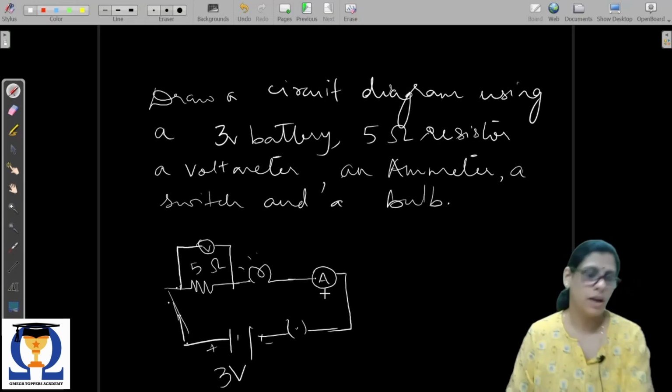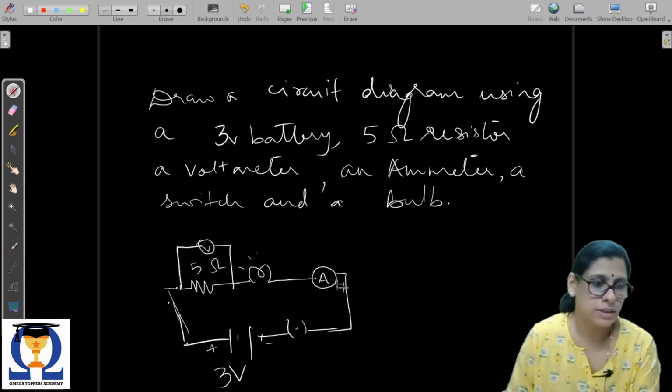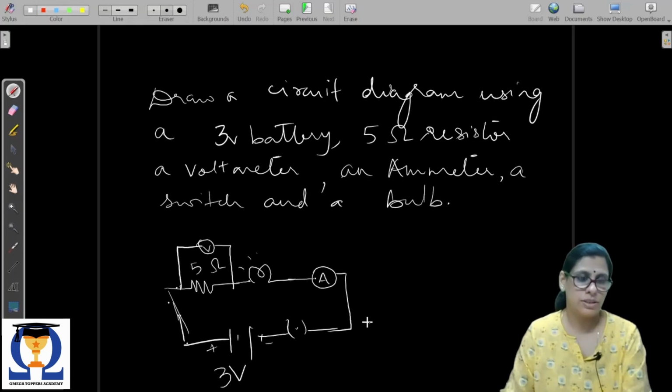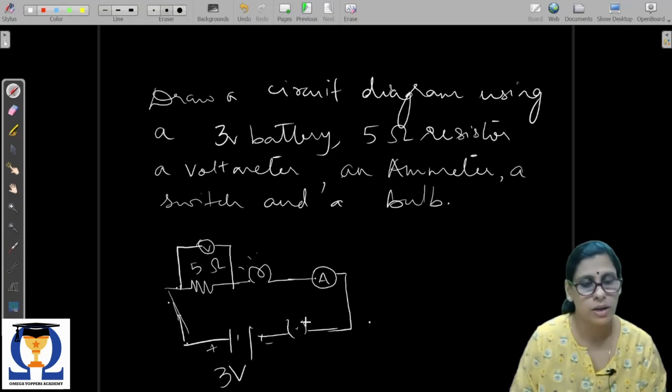So this is the electric connection. These components need not be in the same order. The ammeter can be placed here, so the variations can happen. These changes will not actually affect the circuit.